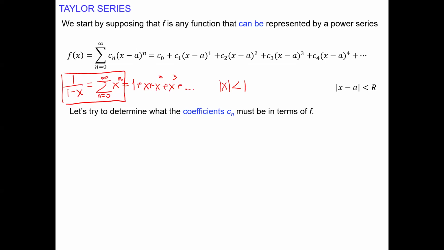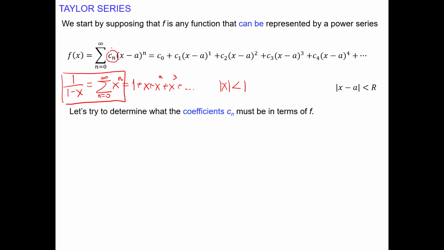We have to find a general way, because as I said, this is not enough. The part x minus a to the power of n always stays. It doesn't matter what the function is, we always have this factor of the product. What is different is the coefficient c sub n.